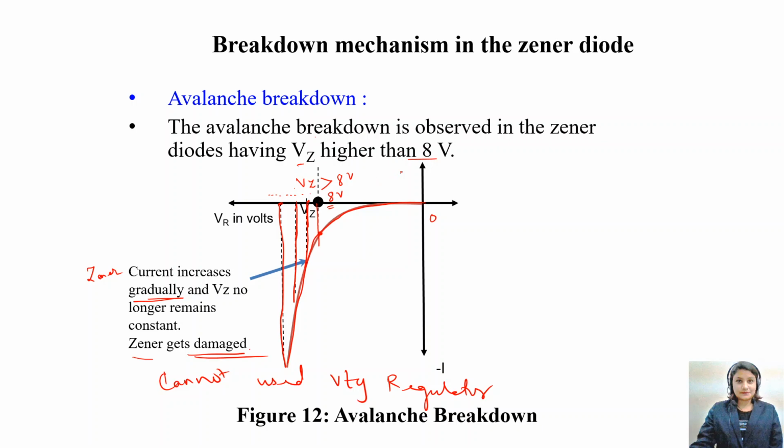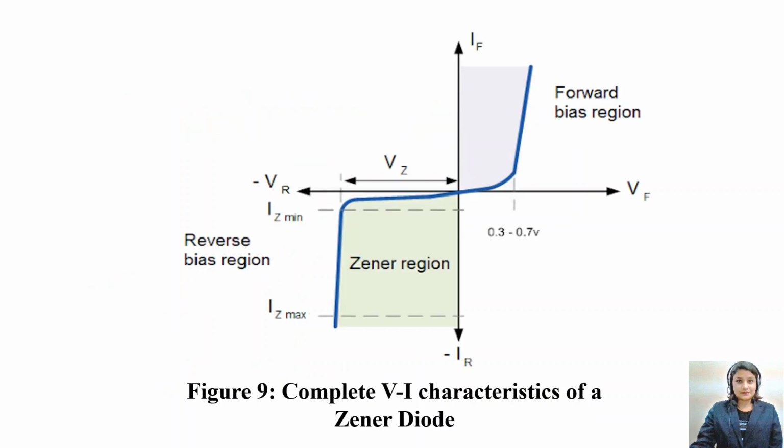So the Zener should never operate in avalanche region or in avalanche breakdown. You should never operate. And this is a very important figure. When this avalanche breakdown will observe, when the VZ Zener voltage is higher than 8 volts.